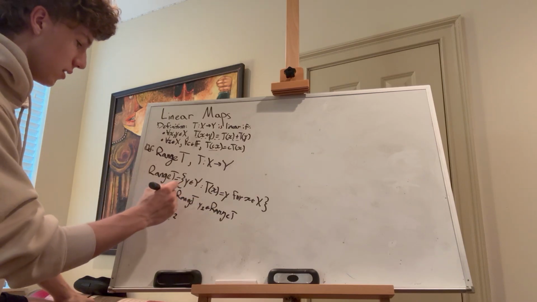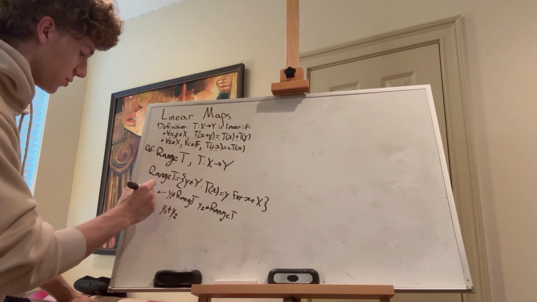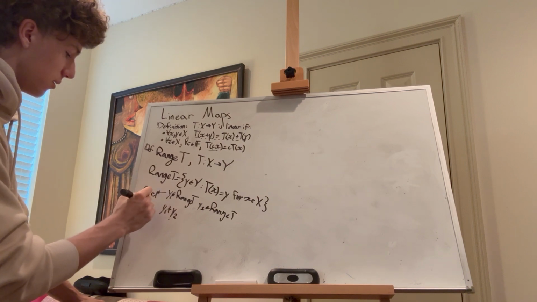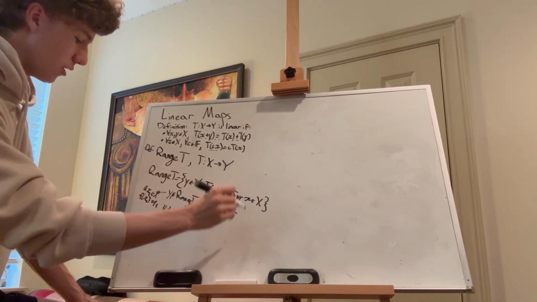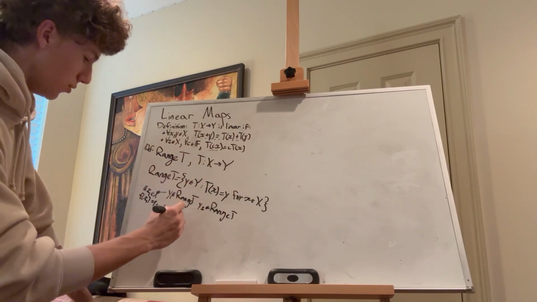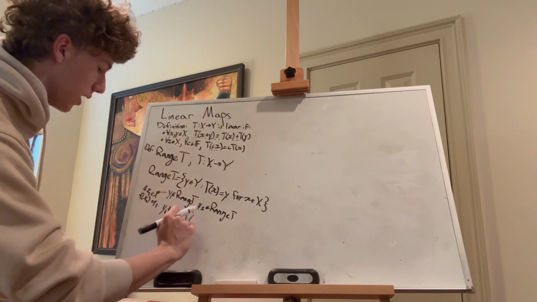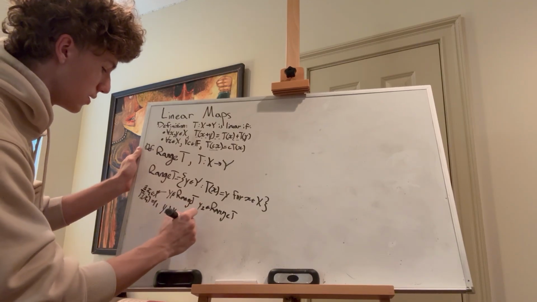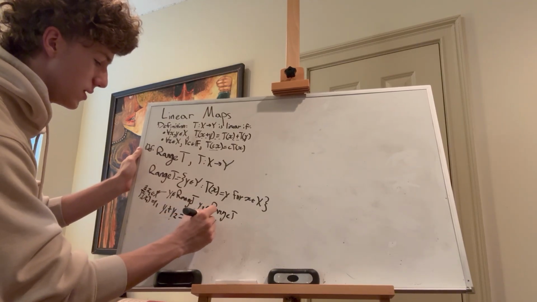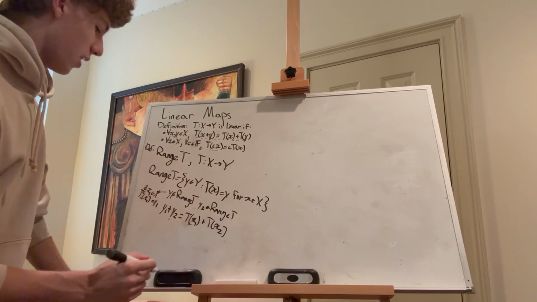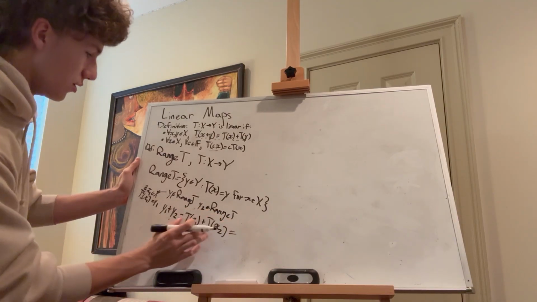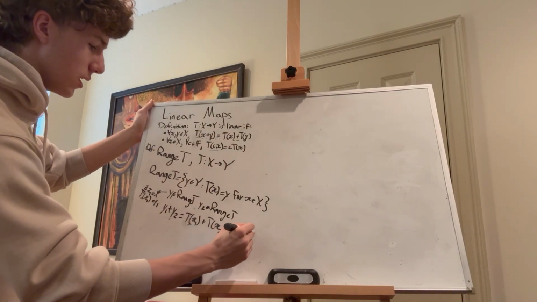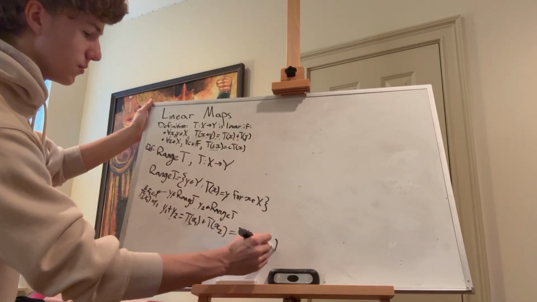This means that there exists an x1 in X so that T of x1 is equal to y1, and the same thing for x2 and y2. Then y1 plus y2 is just T of x1 plus T of x2. We can use the linearity of T to pull out that T. This becomes T of x1 plus x2.